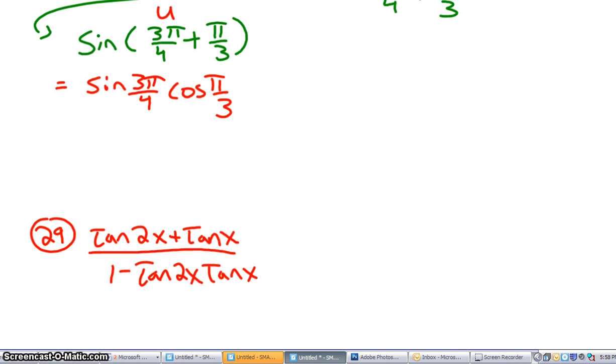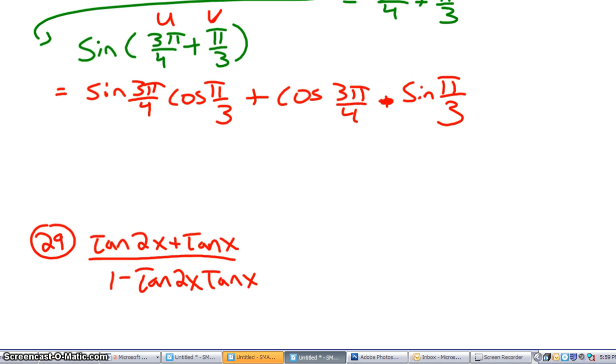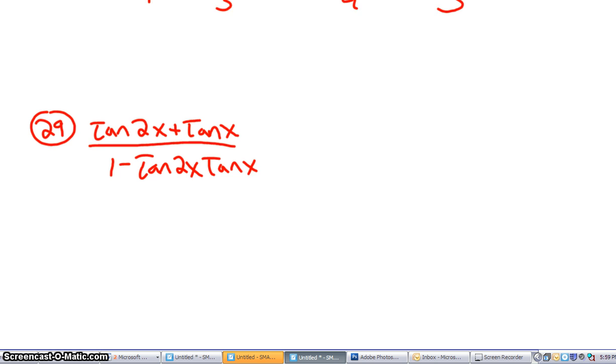Recall that this is giving us a u and a v. And we're going to add to that a cosine of 3 pi over 4 times sine of pi over 3. I'll leave the rest of that for you to solve, because I want to get us a look at 29.